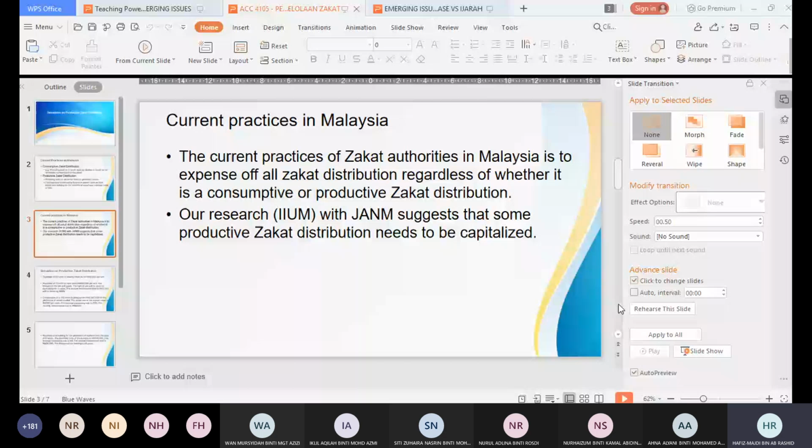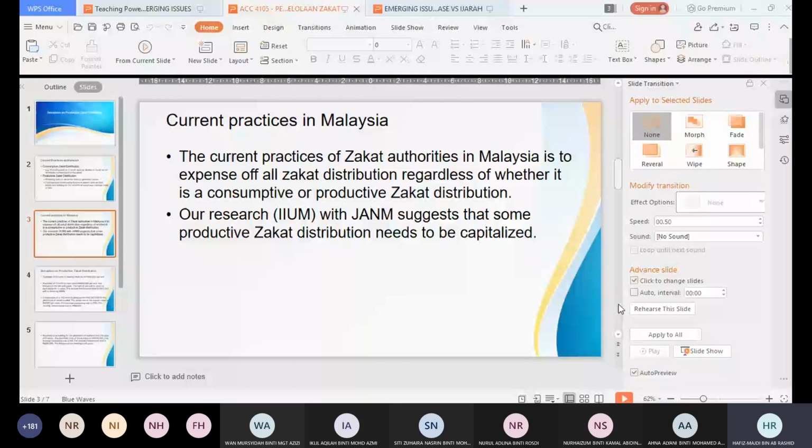But since the policy of the zakat authority is that when you distribute zakat money you need to expense it off, you have that building, but it does not appear in your statement of financial position, or what you call the balance sheet. So this is basically a problem.